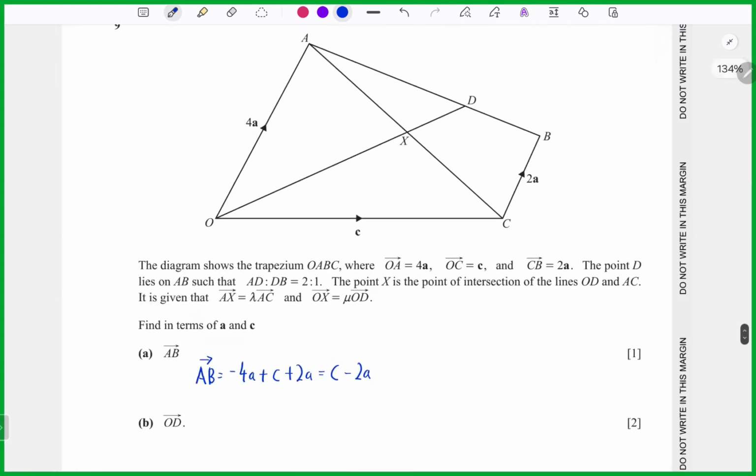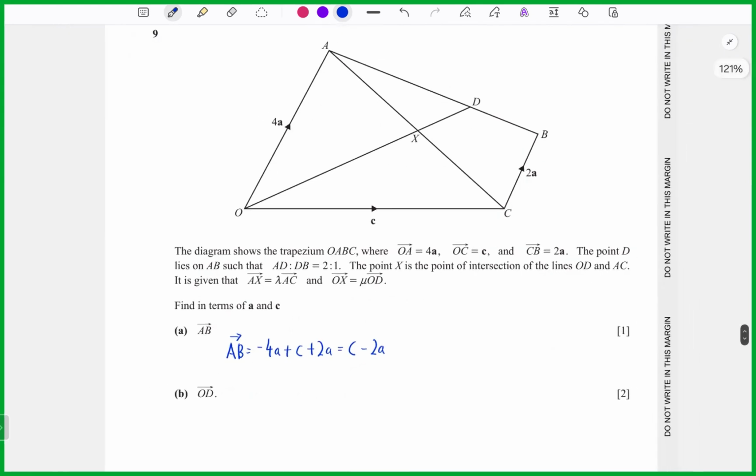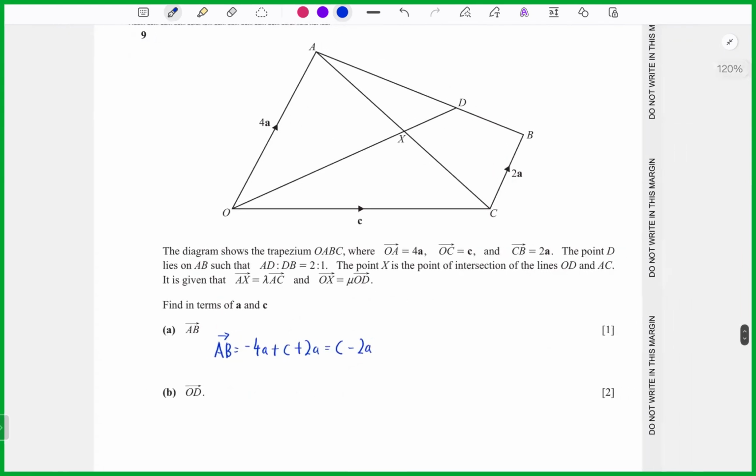Now OD. Here the ratio is 2 to 1, right? So actually I can take 1 over 3 AB.